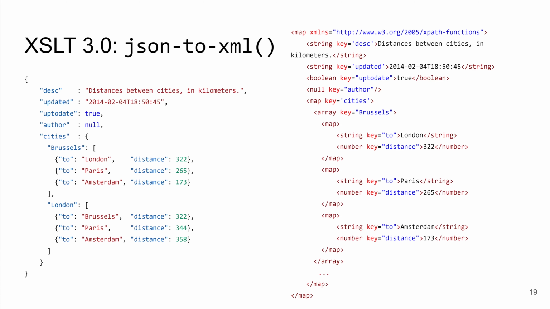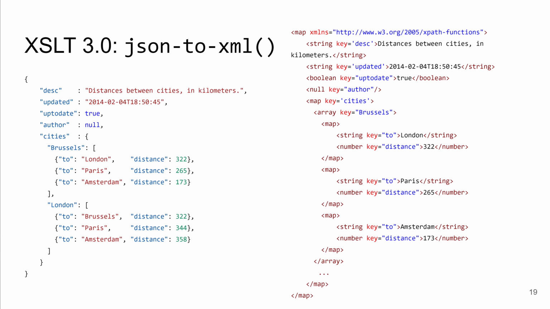And since we talked about XSLT in one of the previous lectures, there is support for JSON in XSLT 3.0. So XSLT is a transformation language for XML, which is another hierarchical data format. But since both XML and JSON are hierarchical data formats, they can be transformed from one to the other.